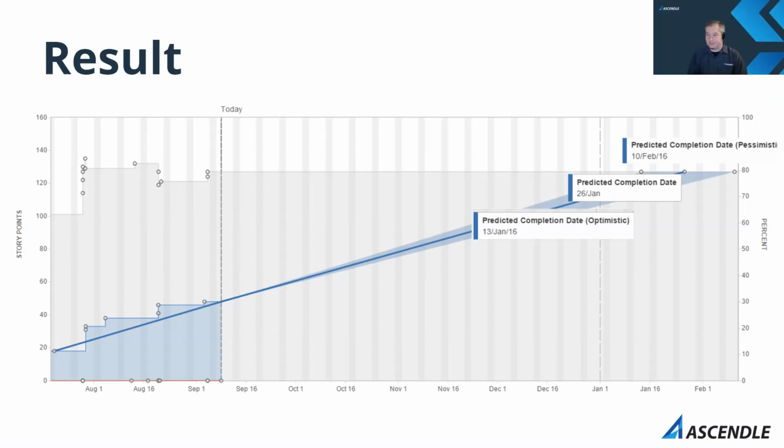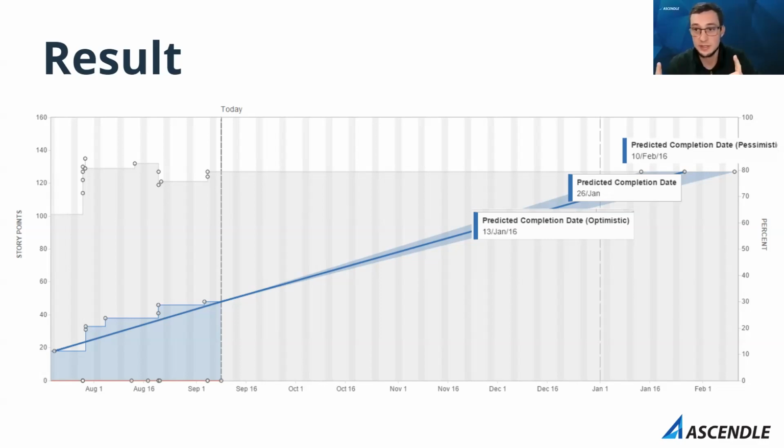Sorry, I apologize. So this is what the goal would be, that we can create this end graph here that tells us roughly where we think we can get in this cone of uncertainty. Based on the direction we have and the overall process of this project, we can be somewhere between our optimistic of the 13th of January, the predicted, hopefully, of the 26th of January, but on the far end, it might be the 10th of February.